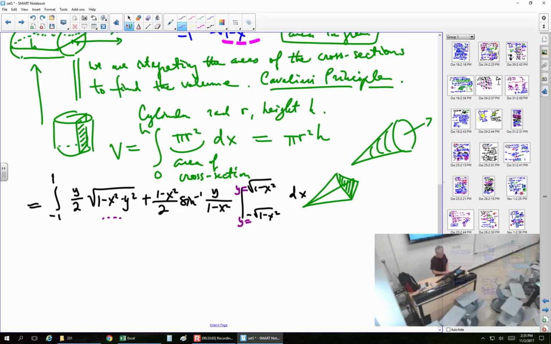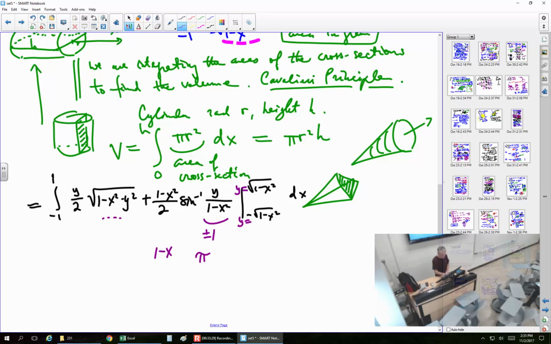In the meantime, arc sine of plus or minus 1, arc sine of 1 is pi over 2. In other words, it will be pi.